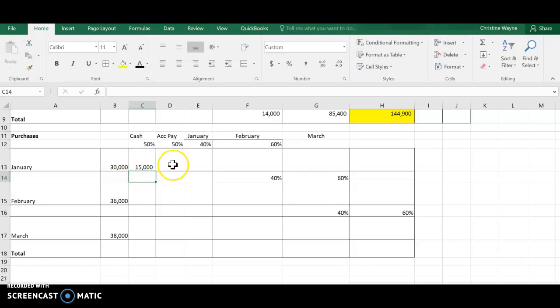So then I'll know how much is coming from cash, how much is going into that accounts payable. And I'm going to do that for each month. So here's my purchases, times that by 50%. I know how much is in cash. And since it's the same amount, times it again by 50%. And I know how much is in that accounts payable.